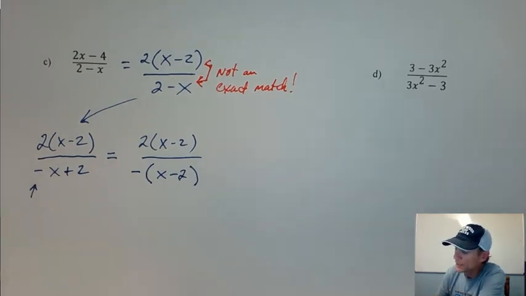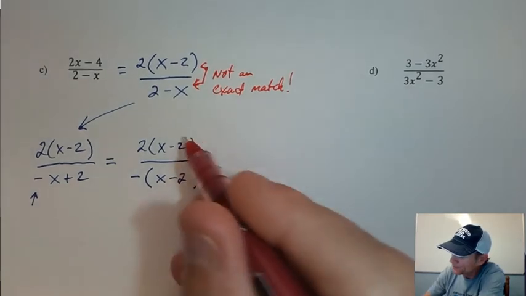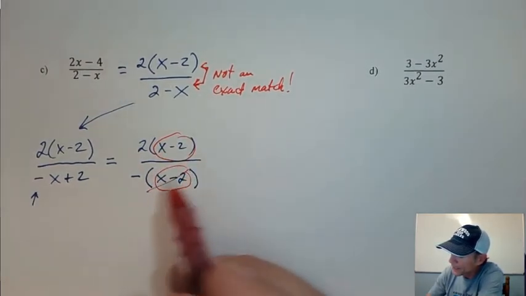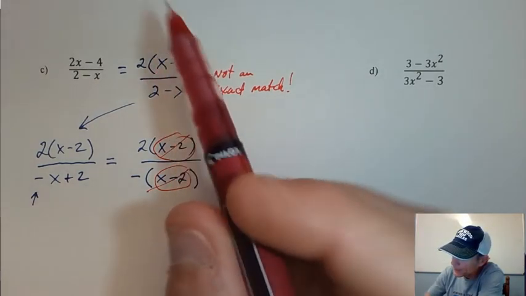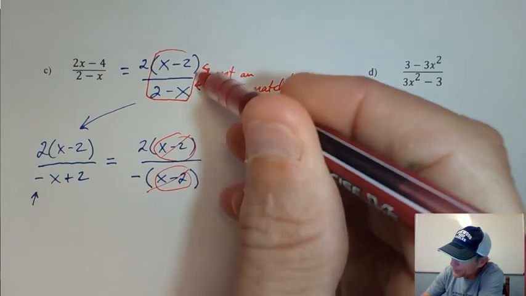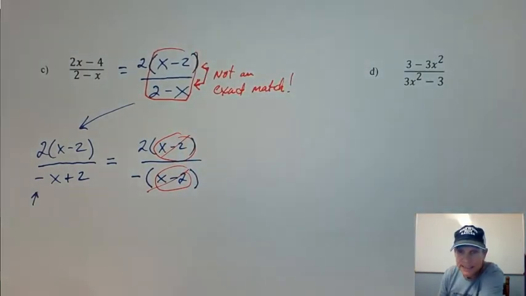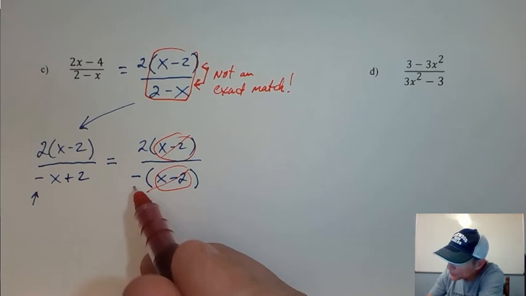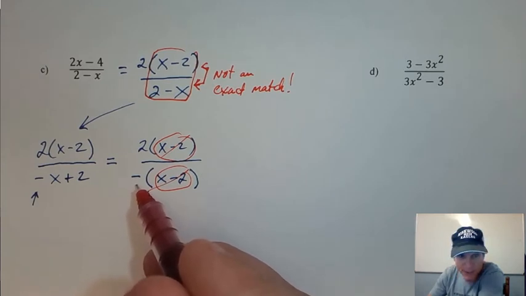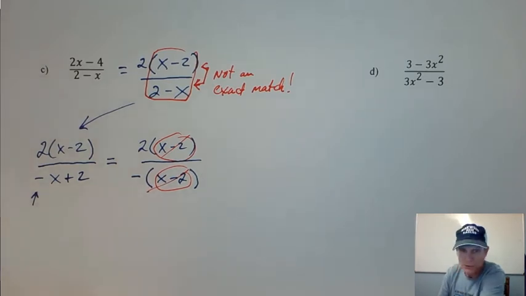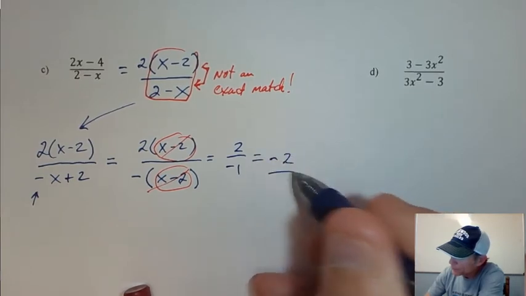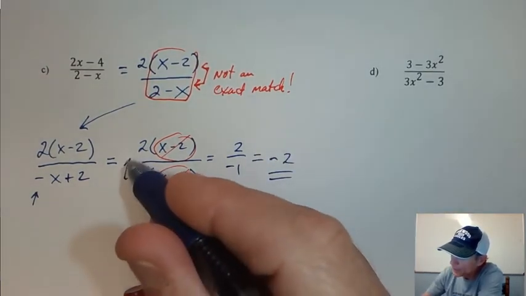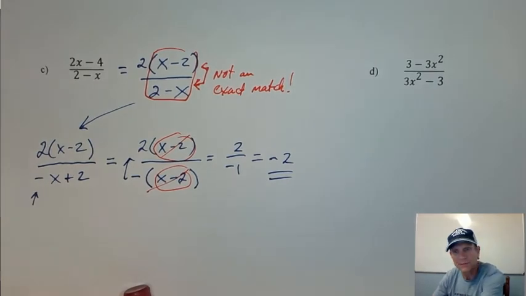Now you should be able to see I have an exact match, so that can cancel out. This piece and that piece do cancel out, but it produces this negative. It produces a -1, and we'll use that in the next example. But let's finish up this one. I have 2 over -1, which is -2, or you could just move that negative up to the numerator.